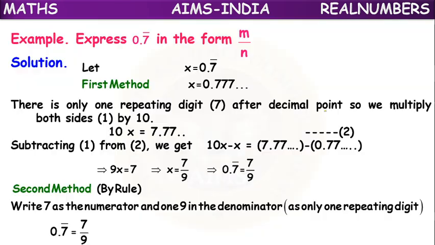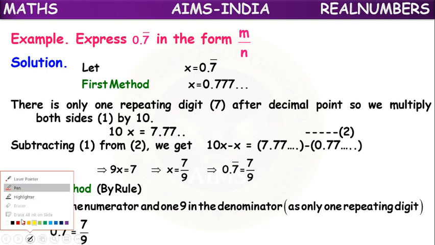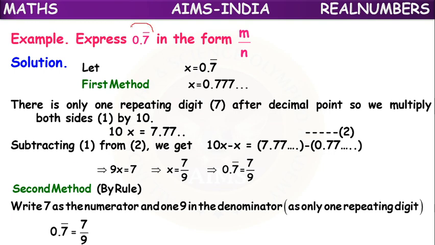Now let's see some examples so that you can understand better. They gave 0.7 bar. The question is, express 0.7 bar in the form of m by n. What is the first step?